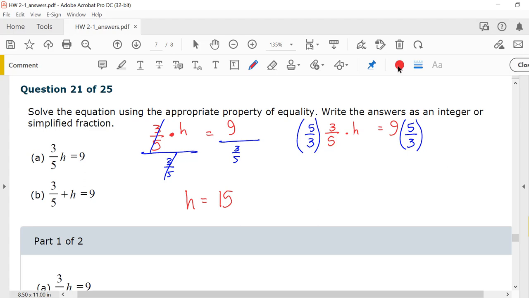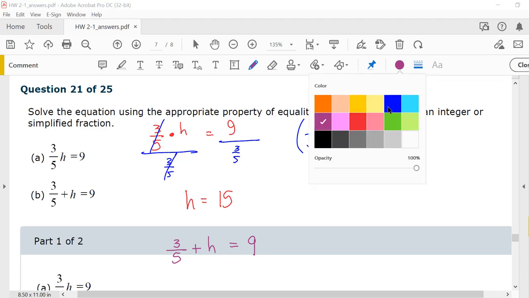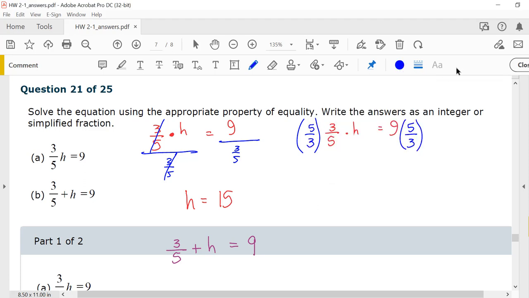Okay, for part B, I have 3/5 plus h equals 9. Now I'm adding 3/5 to h. So to get the h by itself, I want to subtract 3/5 from both sides.